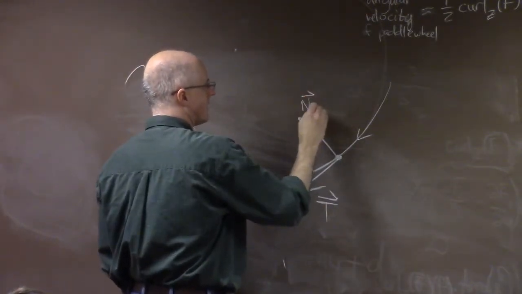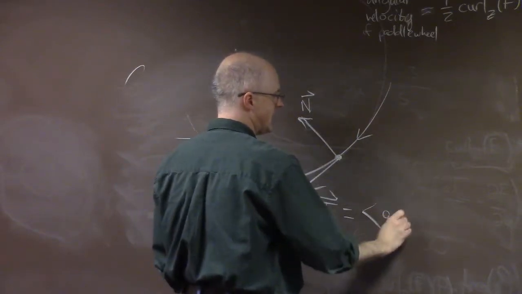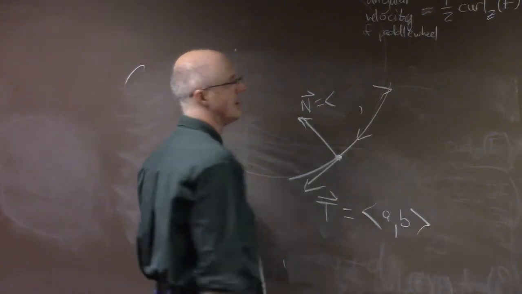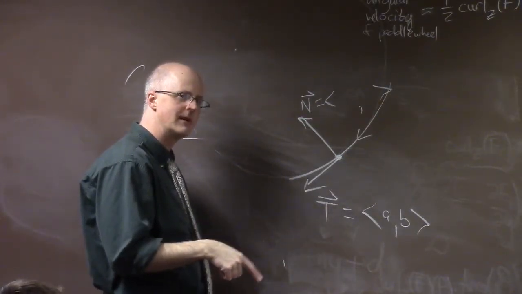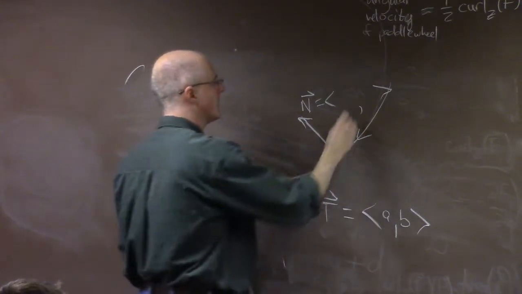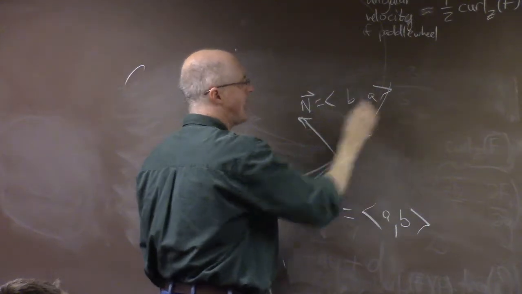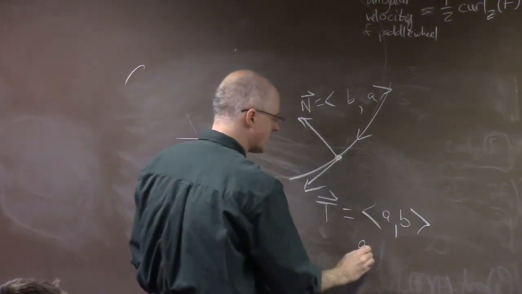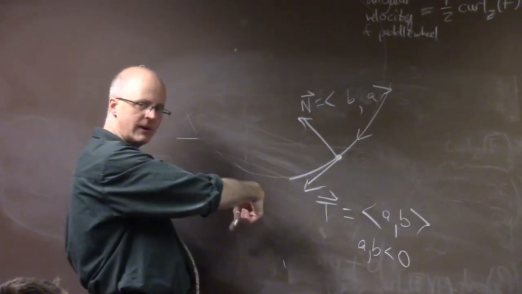The trick, remember, is to take the components of t, which I'll just call a and b, and switch them, but also put a negative sign in front of one of them. It could be the first one, it could be the second one. You have to decide which one it is based on the picture. Now, if your picture looks like this, a and b are both negative, because t is pointing to the southwest.